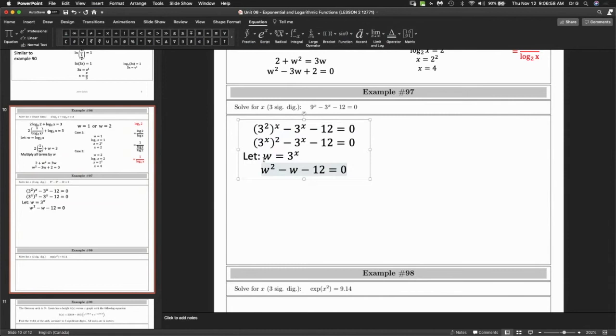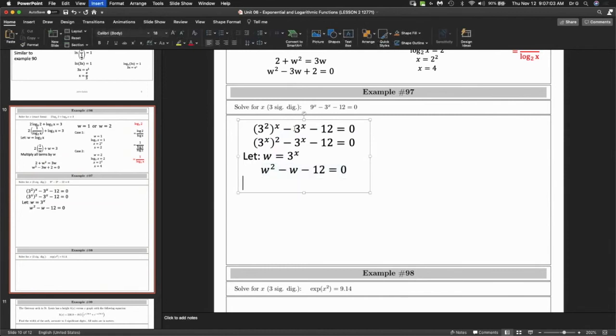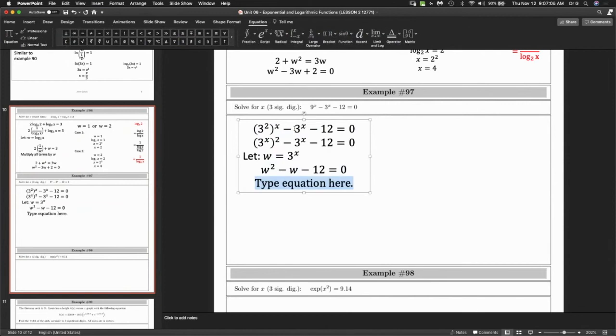And we did one today earlier in the previous example, at least. So we get here that w equals 4, or w equals -3. So each of those situations will provide one possible solution.